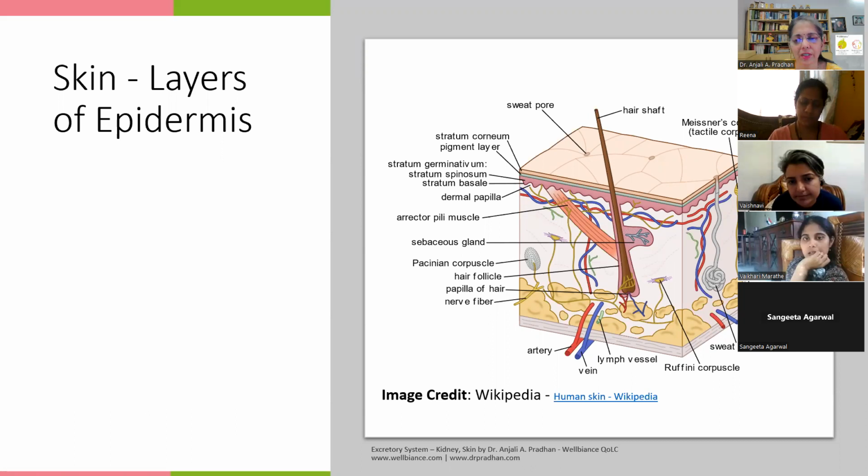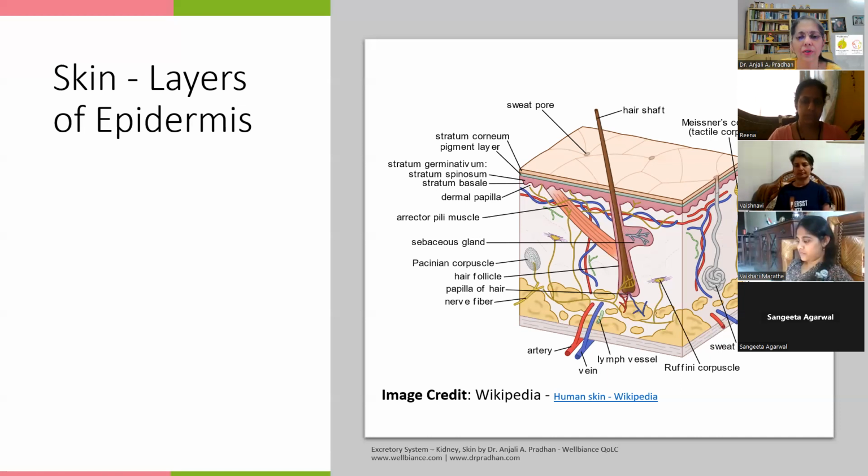It is not part of the skin. Basically, this epidermis and dermis. Okay. The hypodermis contains mainly the fat tissue, adipose tissue. Adipose is fat cells. So it has fat cells as well as blood vessels, arteries and veins.